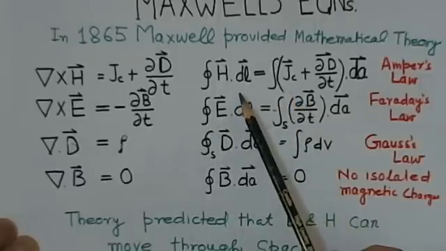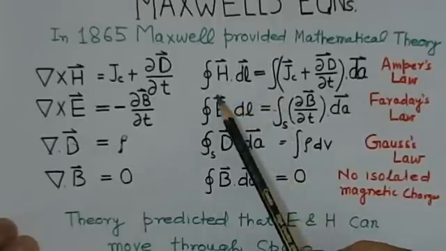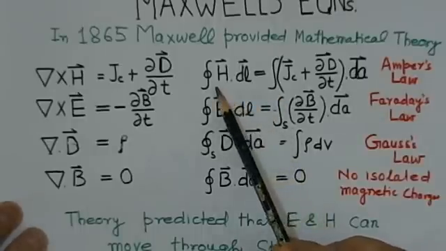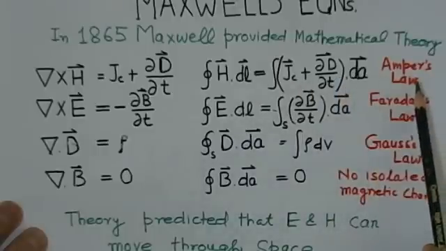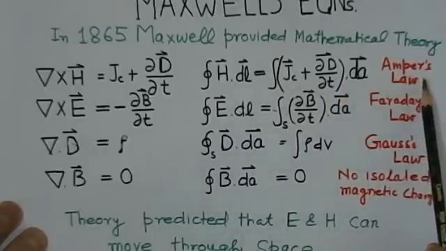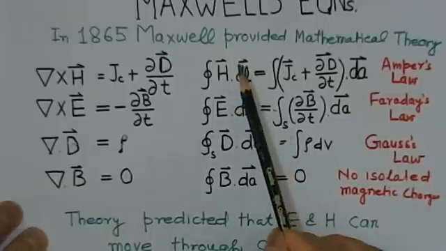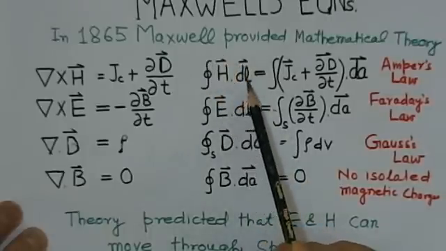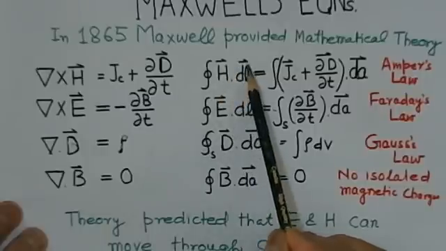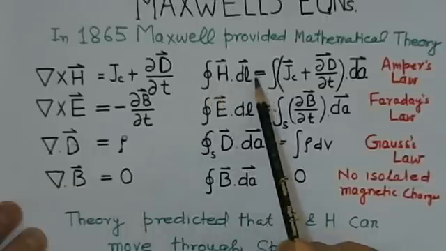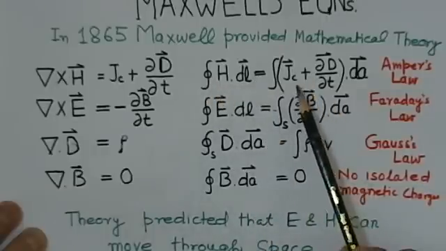Now, normally when we give the statement of Maxwell's equations, we mostly take the integral form of these equations. The first equation, which is based on the modified Ampere's law, says that the total magnetomotive force, H dot dl, around the closed path (this circle indicates that the path is closed) is equal to the total current through the area enclosed by this closed path.